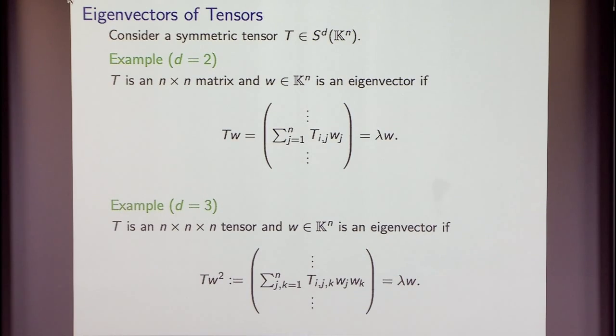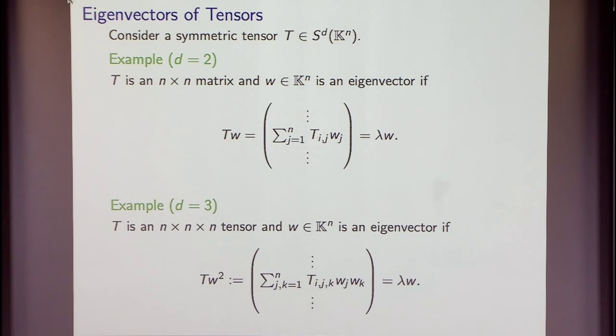In order to explain how this works, I need to tell you about eigenvectors of tensors. Given a symmetric tensor T, what is an eigenvector? For matrices, w is an eigenvector of T if we consider T times w, which is a vector whose ith entry is the sum over j of Tij times wj, and this vector is parallel to w.